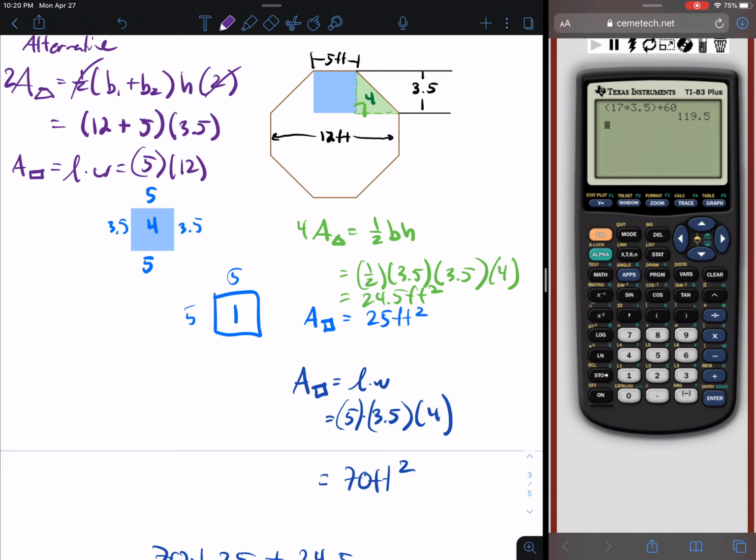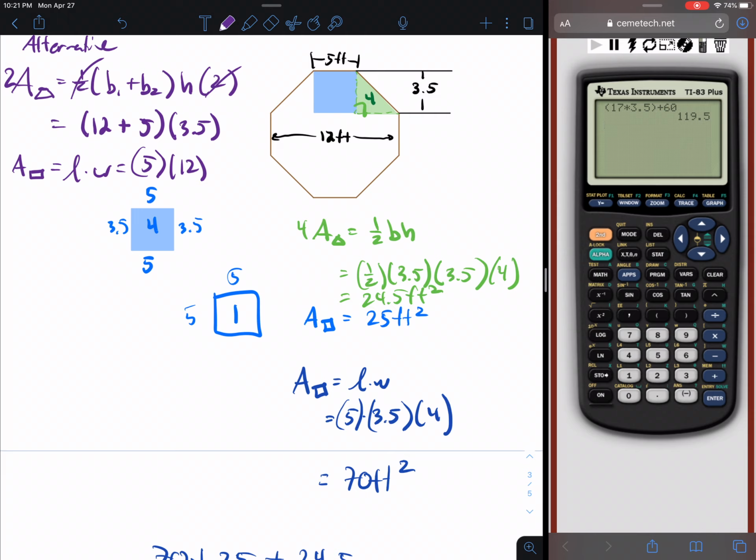That one occurred twice. 1/2 base 1 plus base 2 times the height. 17 times 3.5 plus 60 is 119. Then 25. That one occurred, what, 1, 2, 3, 4.